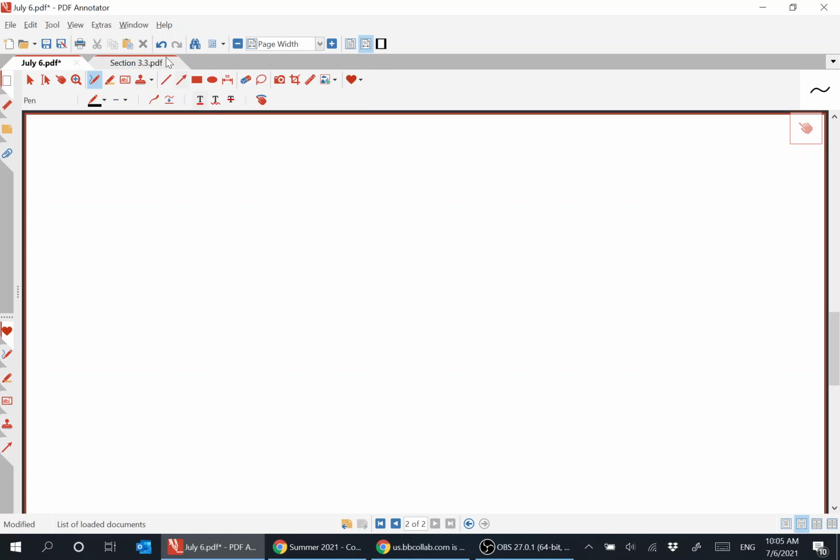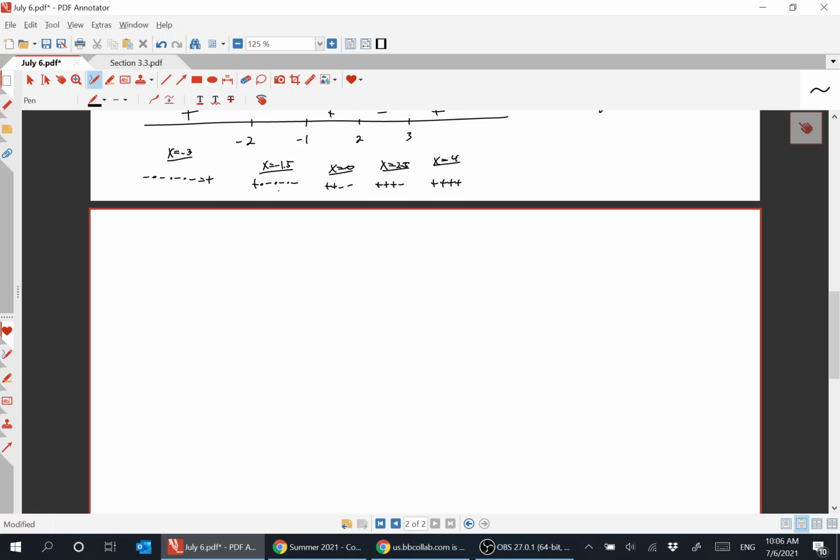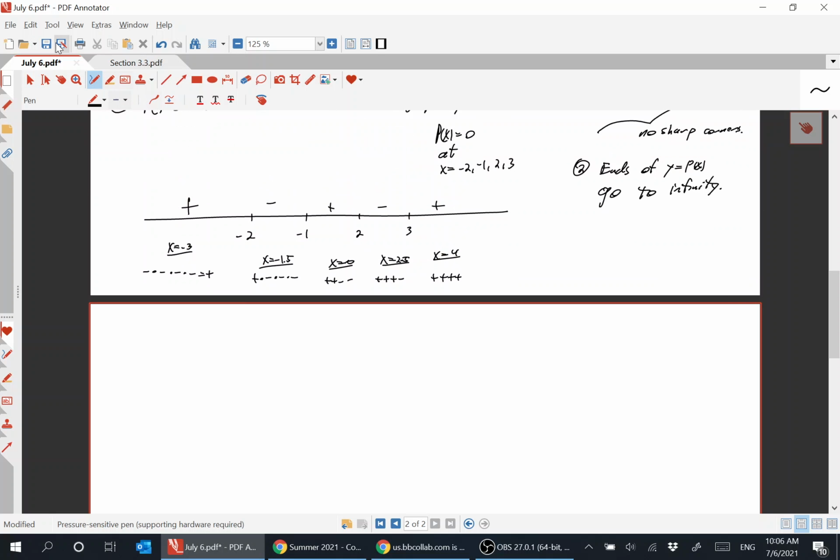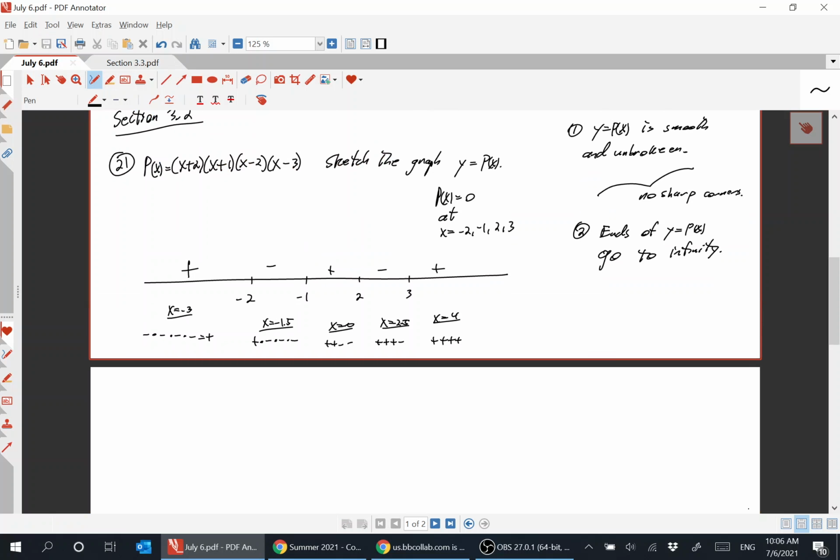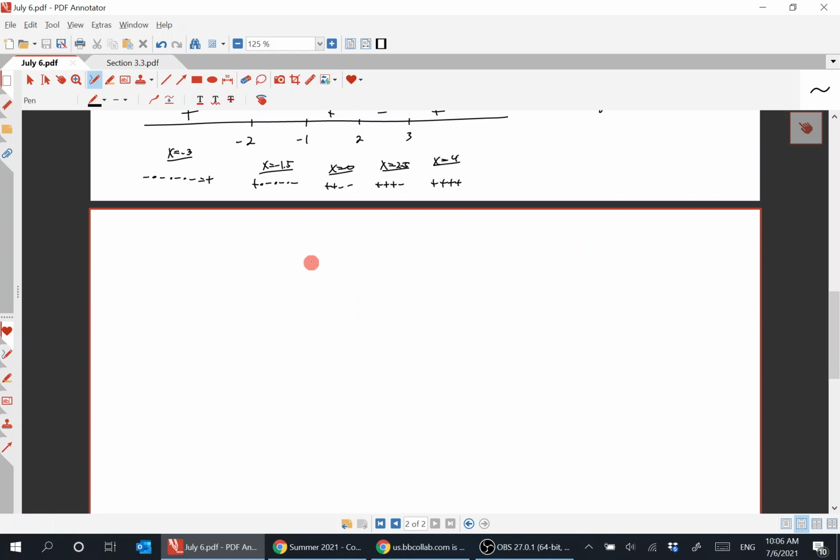All right, so we know where the graph is positive or negative, and we know where the graph is 0, and we've got these two assumptions about how it behaves. So we plot these 0 points on the x-axis.